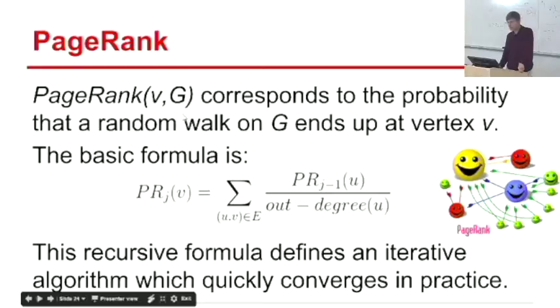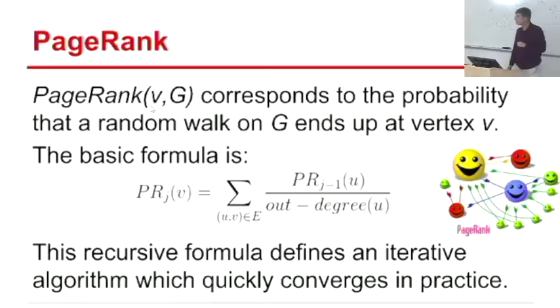So what is PageRank? You've probably heard of it from Google. Given a graph, it assigns a numerical weight to each vertex that is supposed to capture some notion of importance or centrality of that vertex to the network.